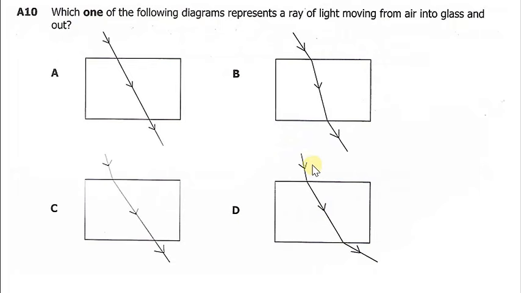Here you use a principle which says that when a ray of light moves from a less dense medium to a more dense medium, it refracts towards the normal. In this case, there was no refraction, it went straight. If this is air and this is glass, it was supposed to bend towards the normal. Here it bent towards the normal, and then when it emerged out of the glass block, it bent away from the normal, indicating that it had to speed up. So the correct one is this one here.